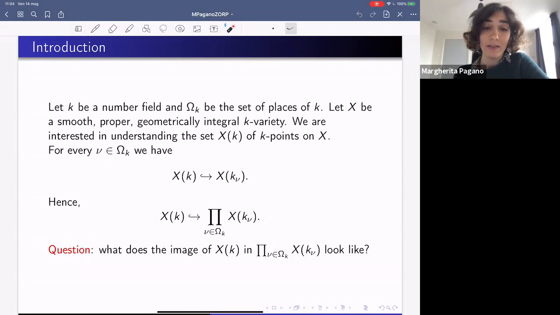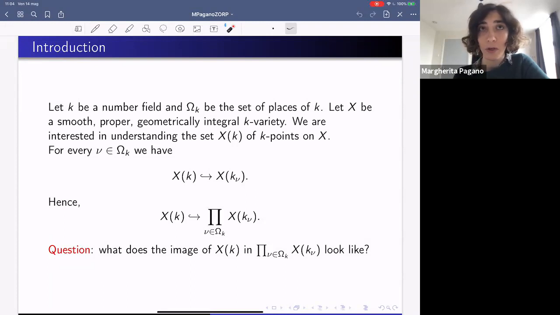Since these fields K_nu are topological fields, we can put a topology on the set of K_nu-points of X. Roughly speaking, this K-variety X is locally the zero set of some polynomial equation. Therefore, at least locally, we can think about the K_nu-points of X as solutions of polynomial equations.